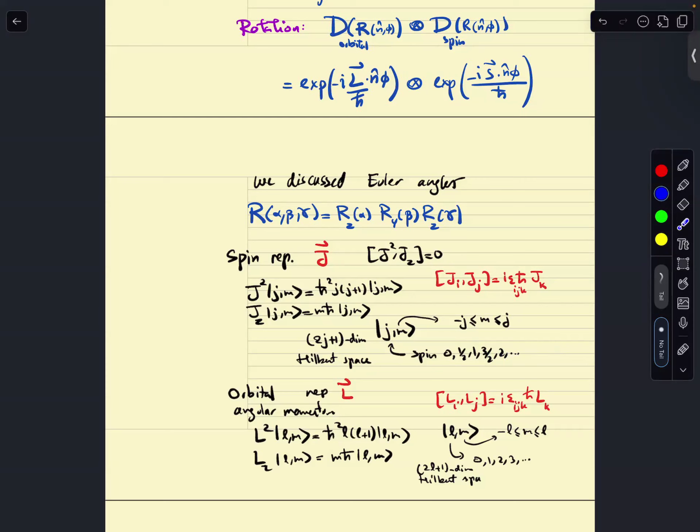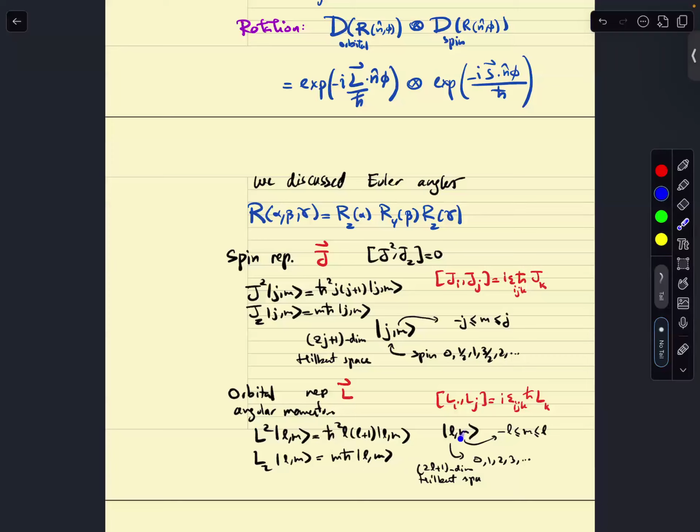If it's orbital angular momentum, it cannot take half integer values. It has to take positive integer values. In orbital angular momentum, here are the commutation relations. They're exactly identical. You describe them using a 2L plus 1 dimensional Hilbert space. L and M are the simultaneous eigenkets of L squared and L_z.